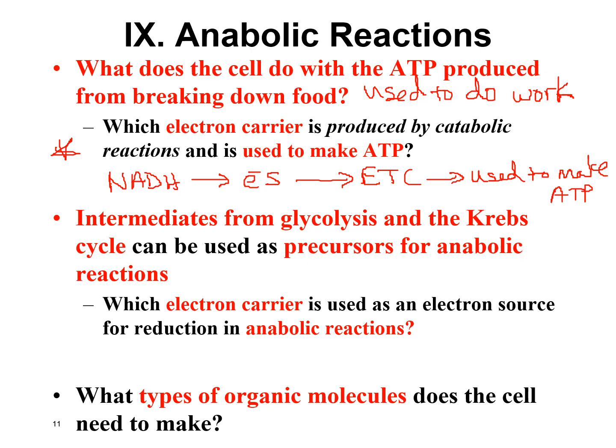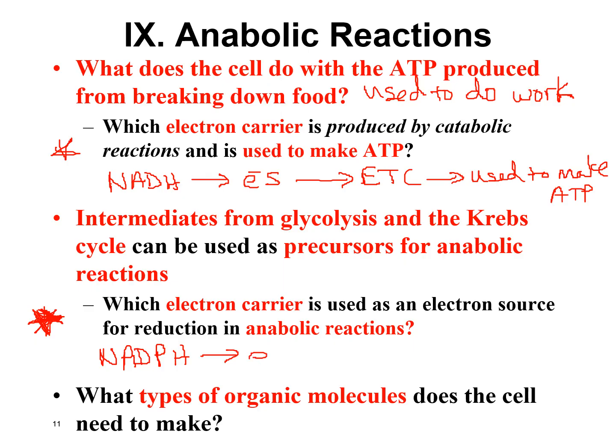Okay, and then we'll look at this next thing in the middle here, how we can pull off intermediates to use to make other things in anabolic reactions. So we'll look at that in just a minute. But our next question, which electron carrier is used for anabolic reactions? Remember, this is NADPH.